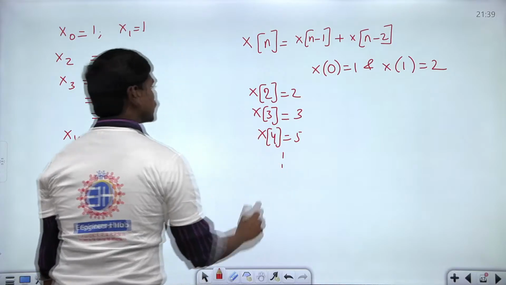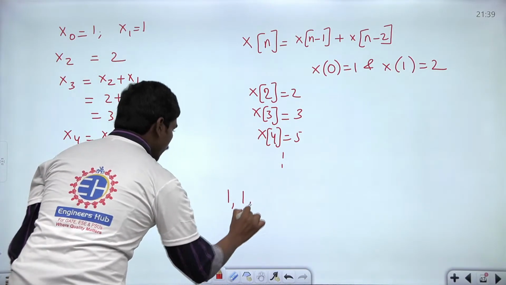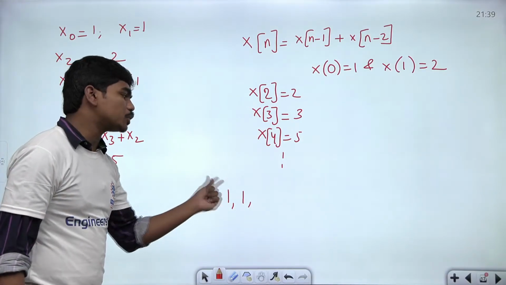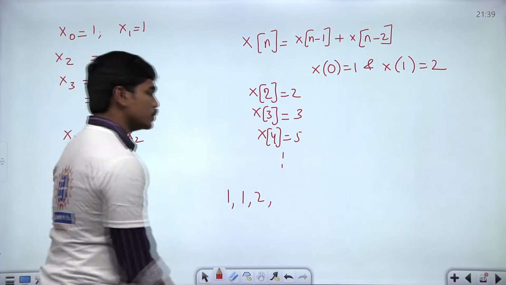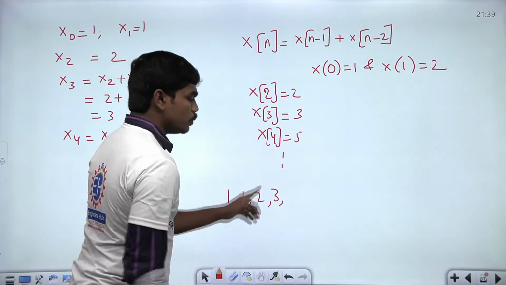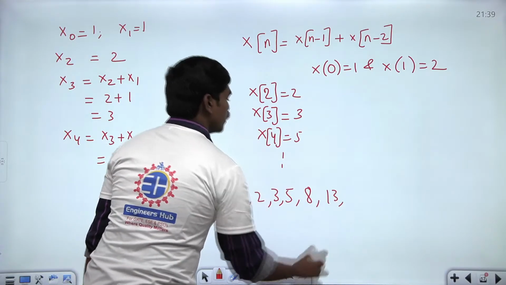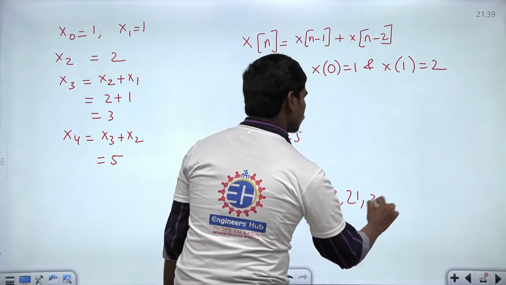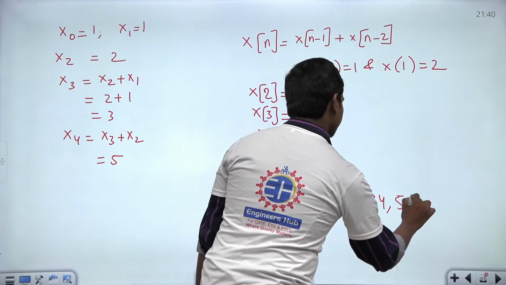And of course this is a Fibonacci series, and if you try to write the things, you will be getting 1, 1. These two are predefined, correct? So now if you sum up these two things, 1 plus 1 will give you 2 as the third term. Next, 1 plus 2 will give you 3, 2 plus 3 is 5, 8, 13, next 21, 13 plus 21 it's 34, next 21 plus 34 it's 55, correct?